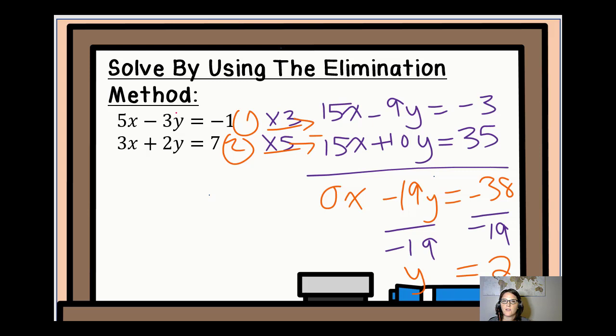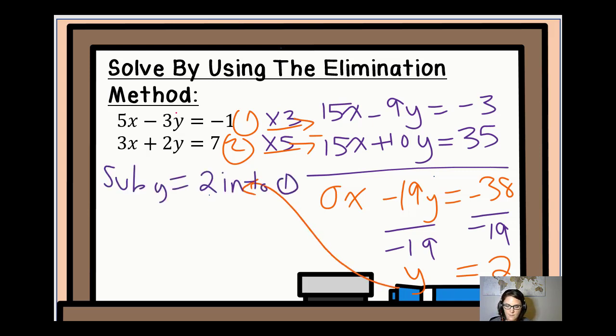So the next thing we're going to do is we're going to substitute y is equal to 2 into either equation 1 or 2. So let's go ahead and sub it into equation number 1. So 5x minus 3 times 2 equals negative 1.